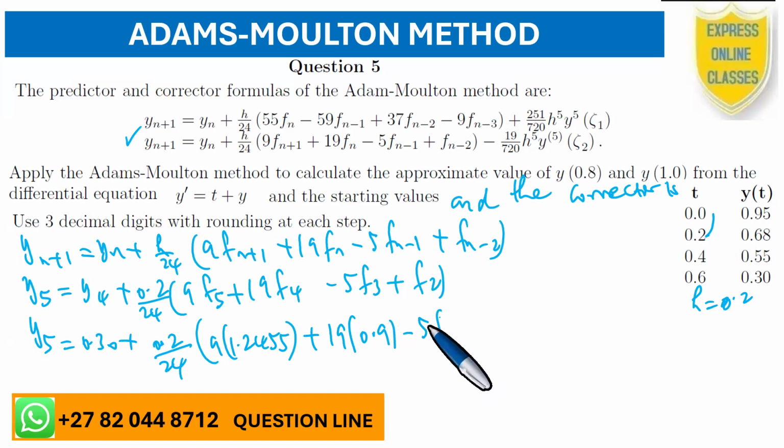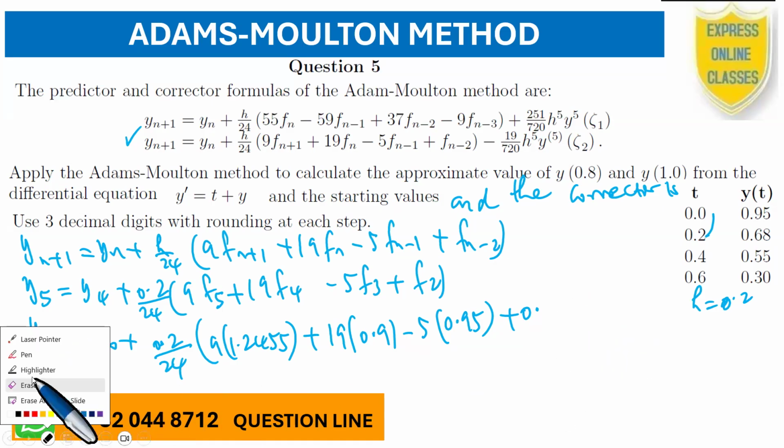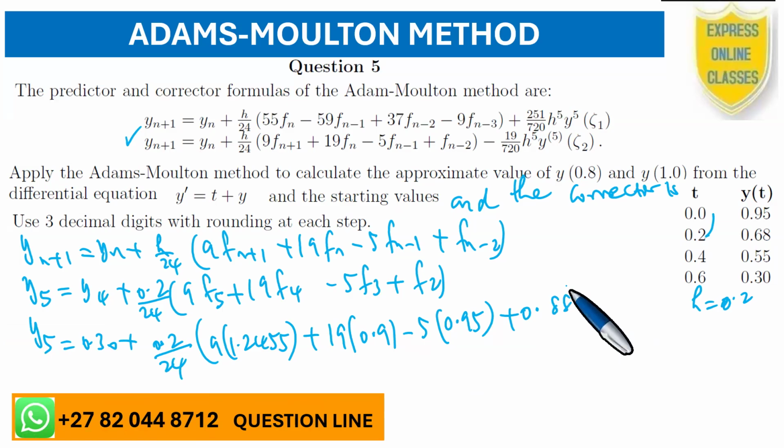F3 is 0.95. Now you are dealing with F2, which is exactly 0.88.